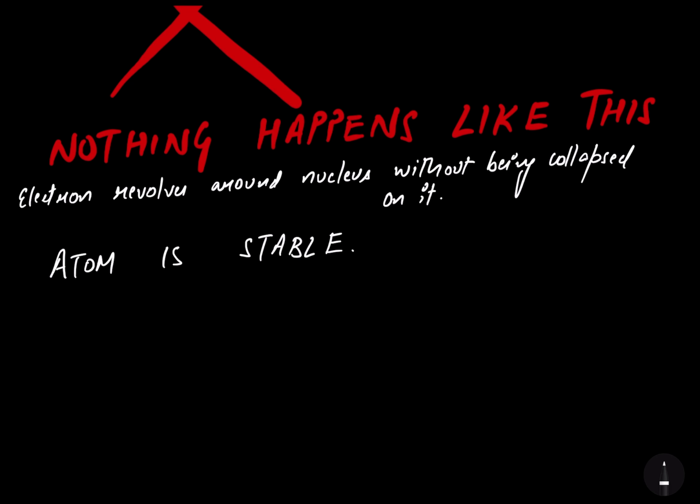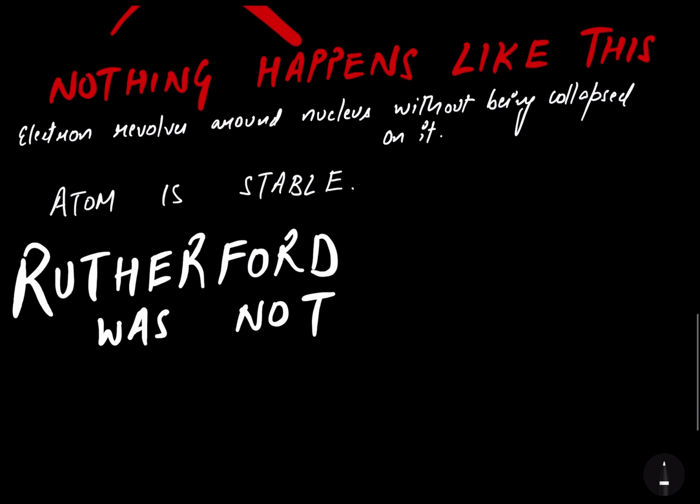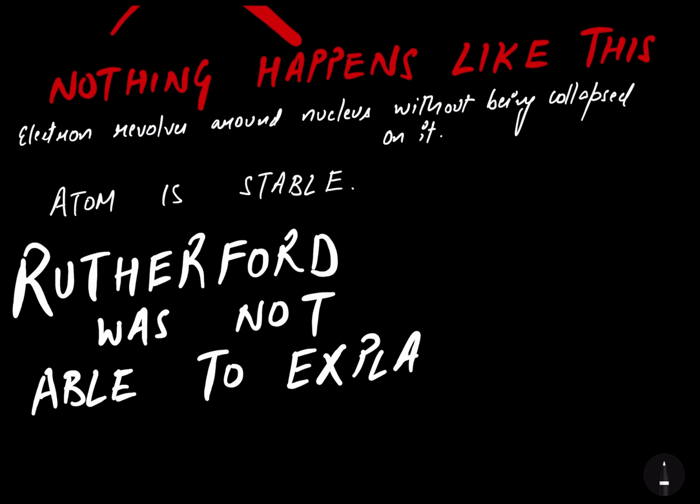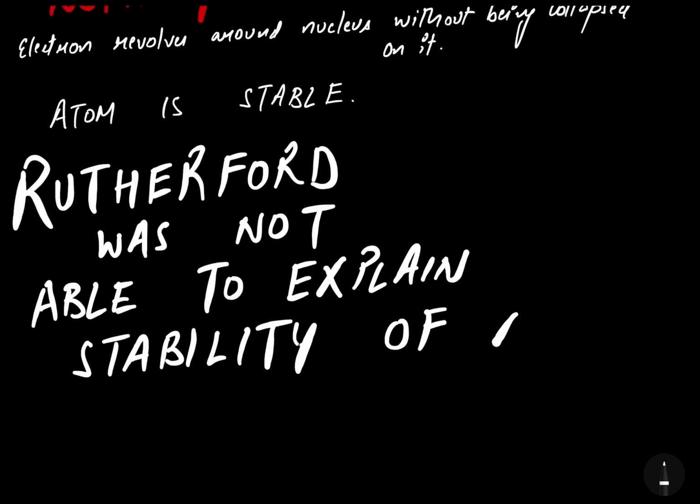So here at this point, I'm writing the main drawback of Rutherford. Now is the point of drawback that Rutherford was not able to explain the stability of the atom.